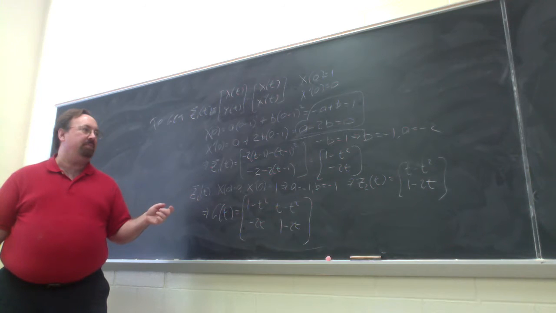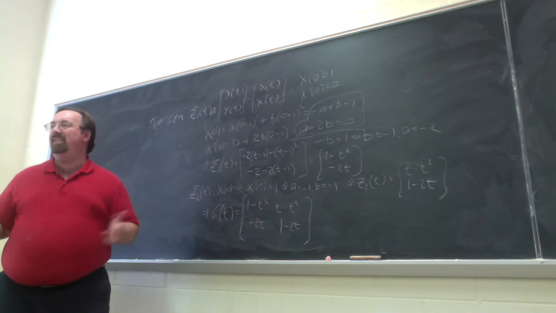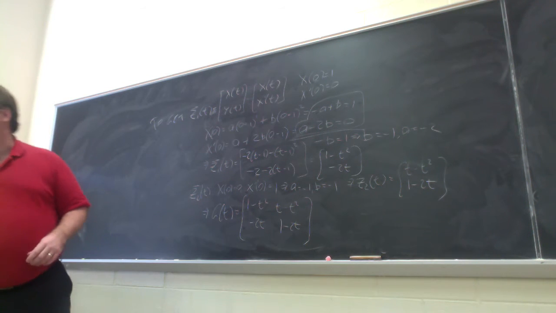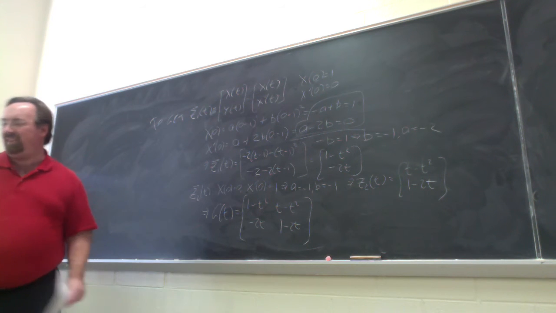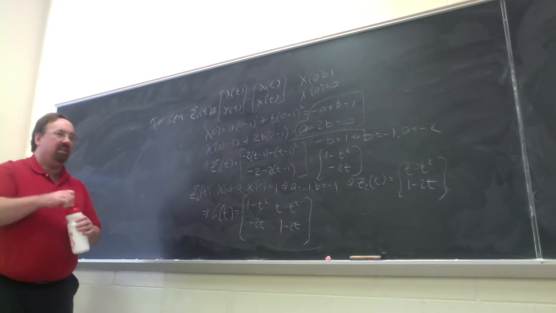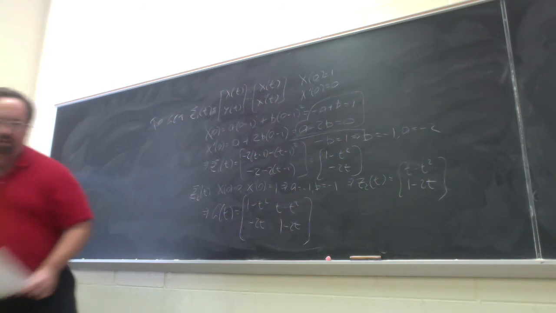This would only happen if your first order system can be described as one second order ODE. But if that doesn't happen, what happens? Well, there's no particular relationship between these. It could be anything. Okay.